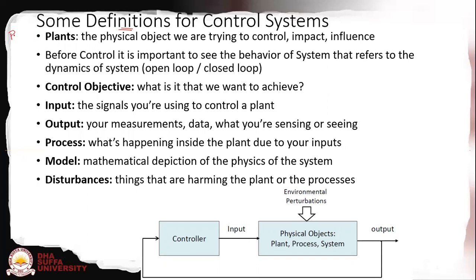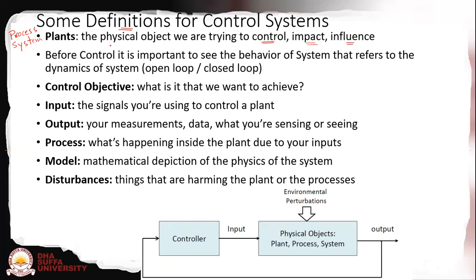Sometimes we also call it a process, and it is also taken as system. So these 3 terms are usually used to highlight the system, or the plant or the process that we are trying to control or make an impact on, or we try to influence it.